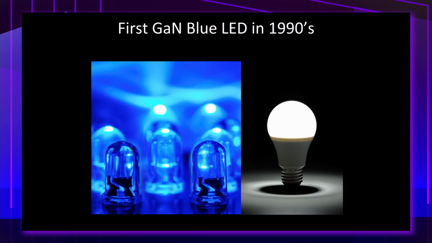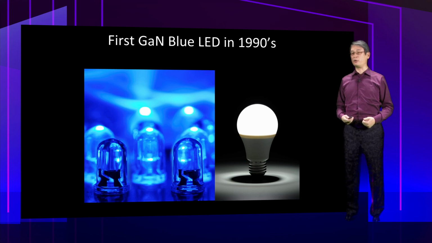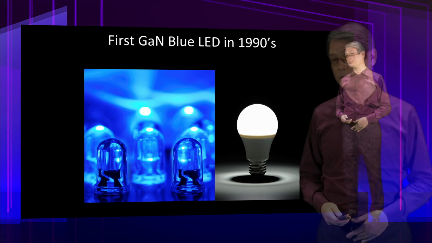The first blue LED was demonstrated in the 1990s. This was a very important milestone, because by then all three primary colors of light became available: red, green, and blue. Essentially all the colors became available for display.